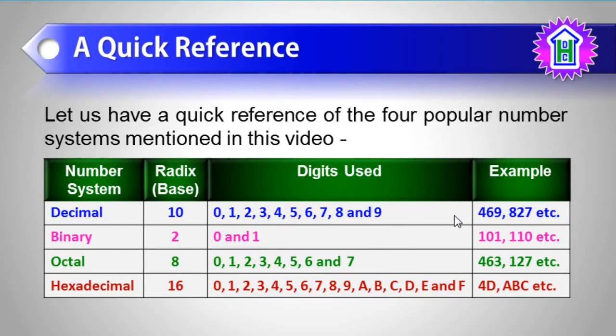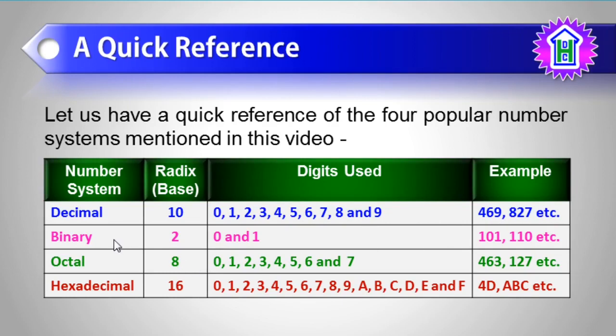It is 0 to 9. Let us have some examples of numbers in this system. If I write 469, it is a valid number in decimal system, because 4 is there in this list, 6 is also there in this list of digits, and 9 is also there. Similarly, 827 is also a valid number in decimal system.